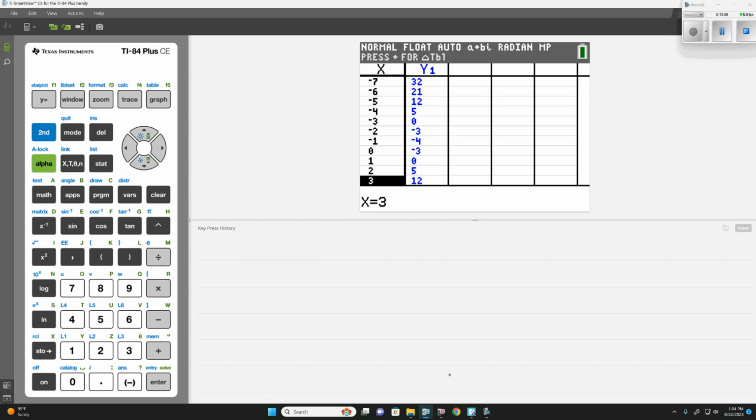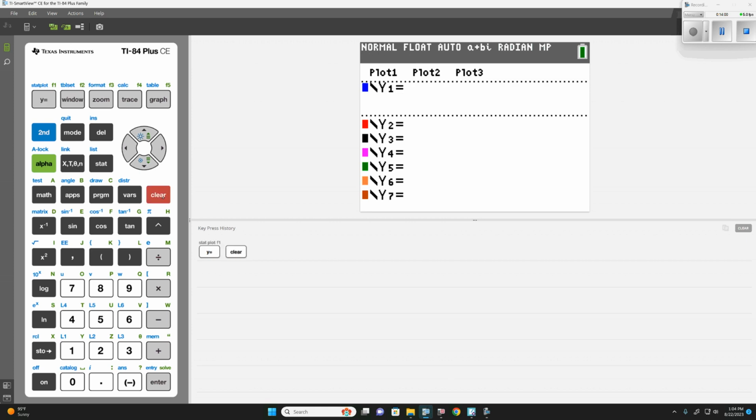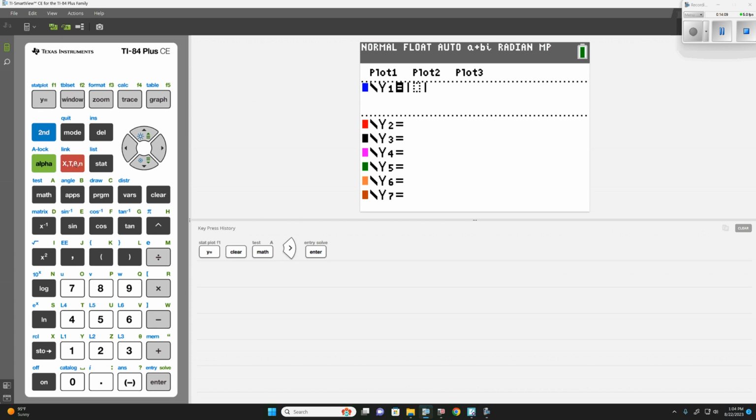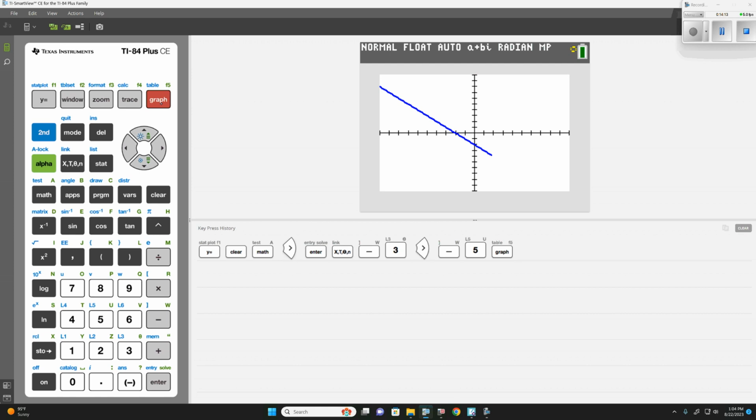Now what I do want to do is show you what a horizontal stretch or shrink, in this case, looks like. So we have math, absolute value of x minus 3 minus 5. Here's our normal function. Now if we talk about it being a horizontal shrink, it means it's going to increase slower along the x-axis.